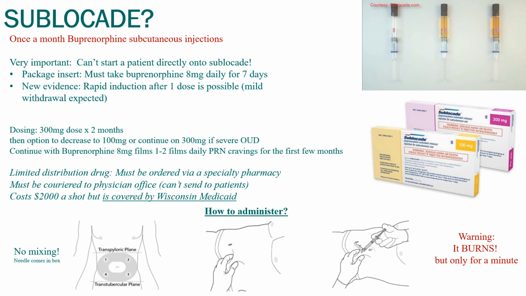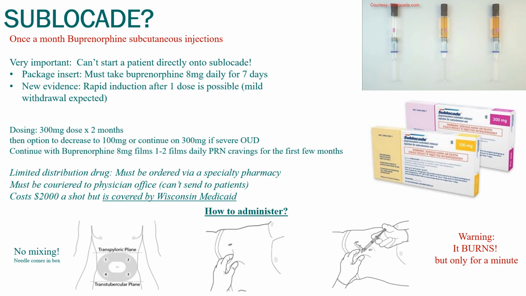This is a difficult drug to acquire. It's limited distribution, meaning that you have to order it through a specialty pharmacy. And it has to be couriered directly to the physician's office. This isn't something that you can send to your local Walmart, have a patient pick up and bring it in.